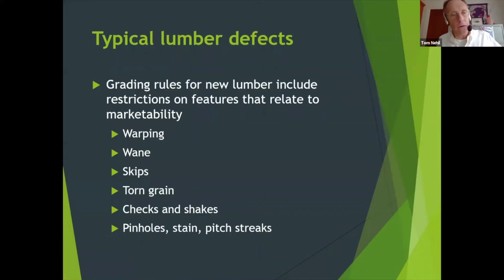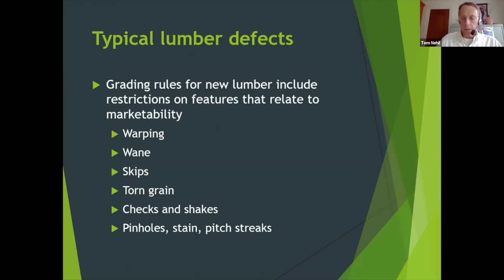So a lot of the rules, even though these are structural grades, so-called, a lot of what the rules address are things that are quality control and marketability driven. Warping, wane, that is, is there bark on the stick? Did the planer skip across the surface, or did the saw tear up the grain? Are there shrinkage checks present? Stain or pitch streaks?